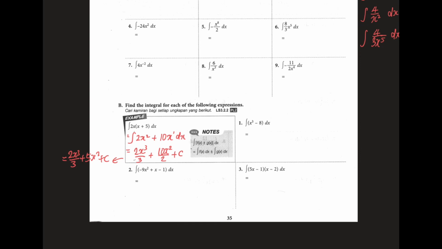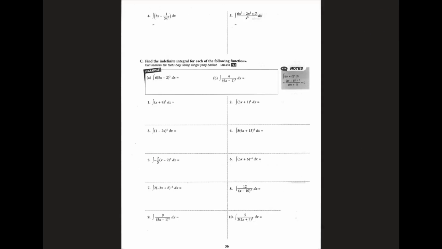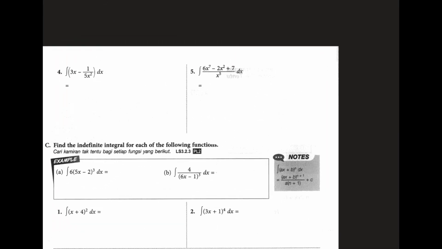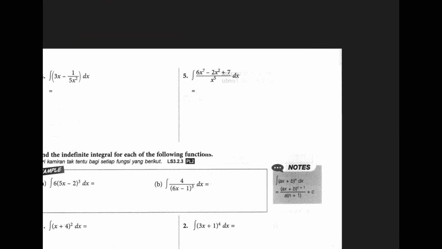Now let's look at the next page, a bit more example. Okay, so let's see how we handle it if you have this situation. Just now I said if you can multiply, you have to expand first. Now if you have a division here, the idea will be the same.